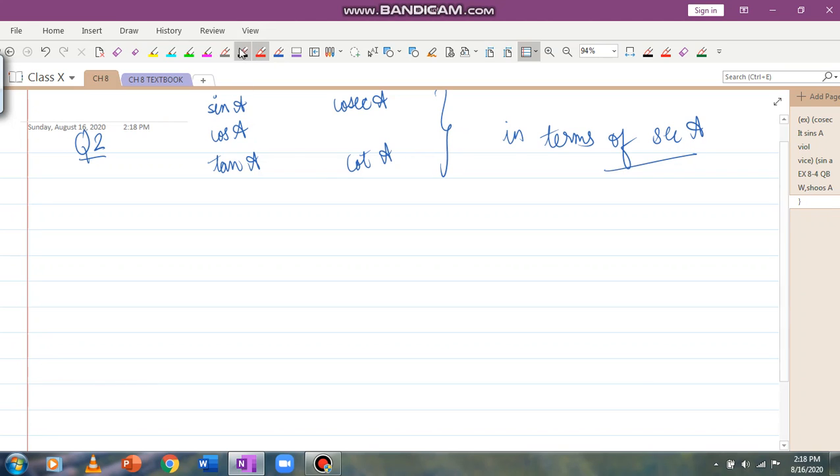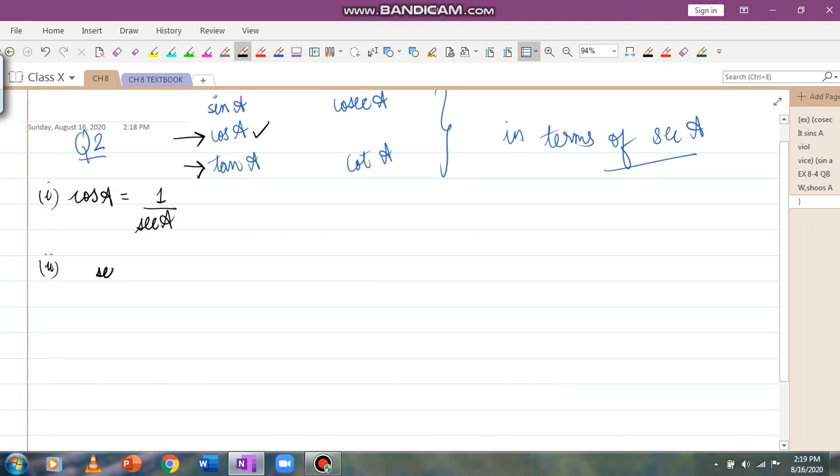And again, I will be starting with any one. I'll just start with this because cos is directly related to secant. Cos A is actually the reciprocal of secant A. So cos A is 1 over secant A. This one's done. After this, I'm going to write down tan A because there is a trigonometric identity that exists between tan and secant.